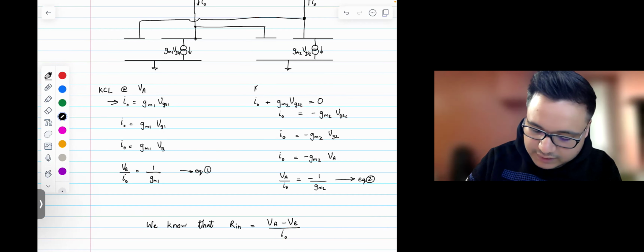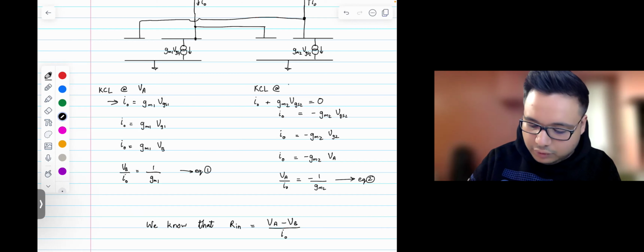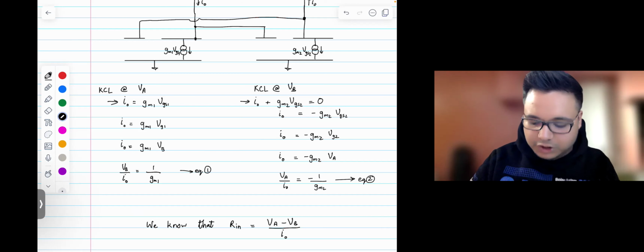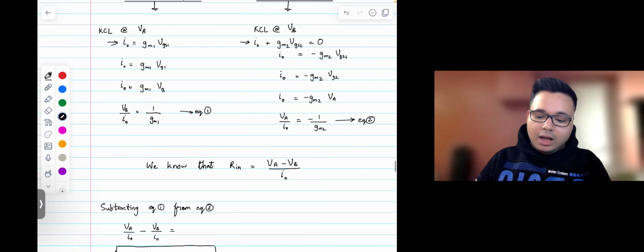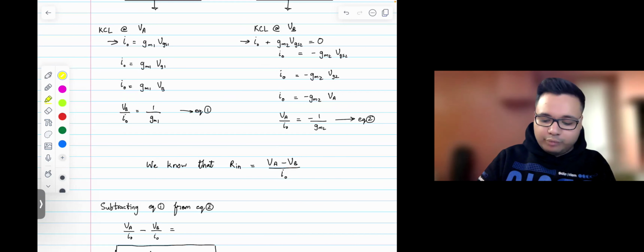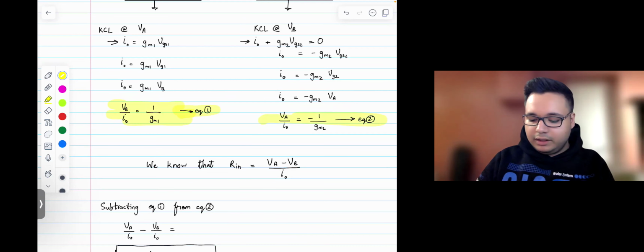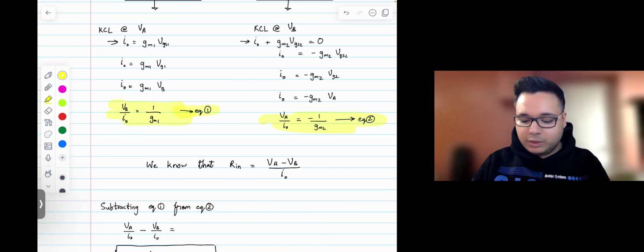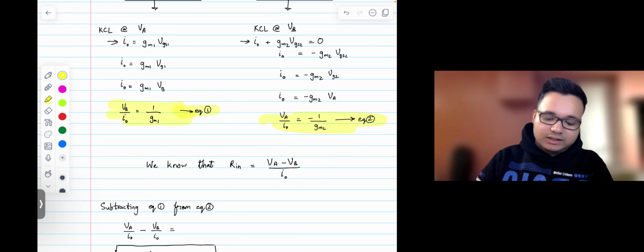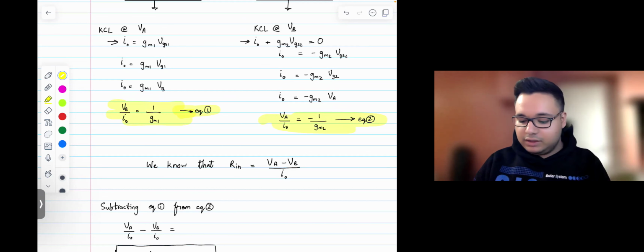And if you do KCL at node VB, you'll find this other equation, and you can write both of these equations until you get the final form, which is equation 1, and you can find the other, which is equation 2. So equation 1 is VB over I naught, and equation 2 is VA over I naught.